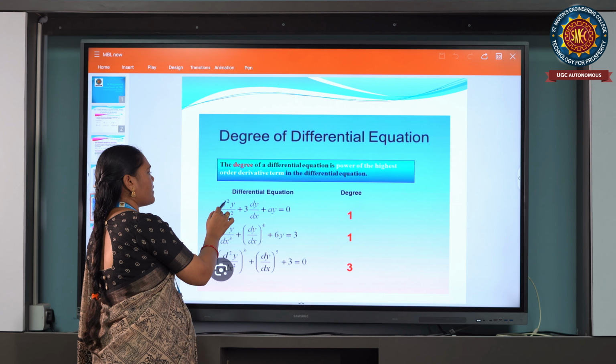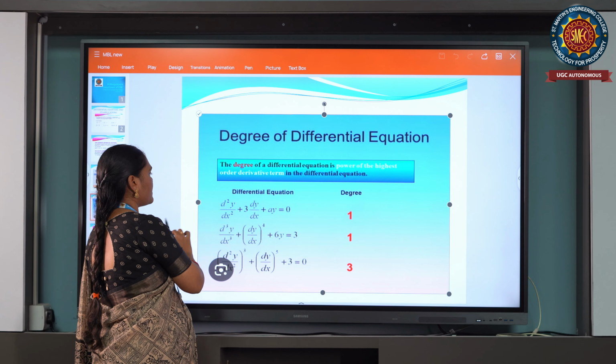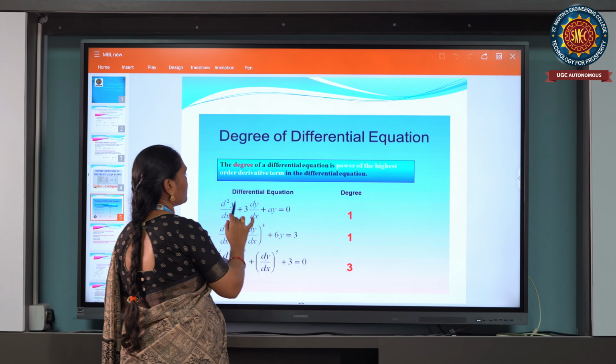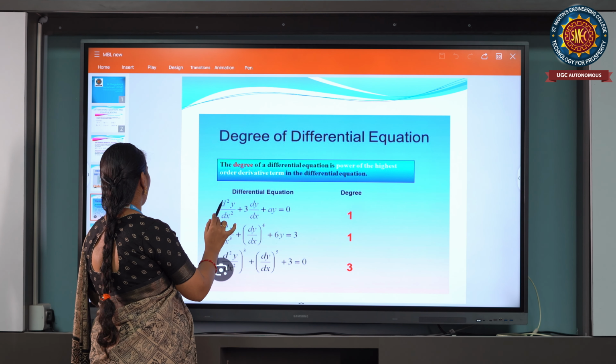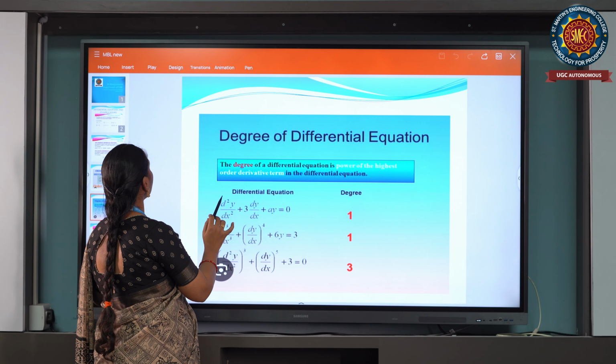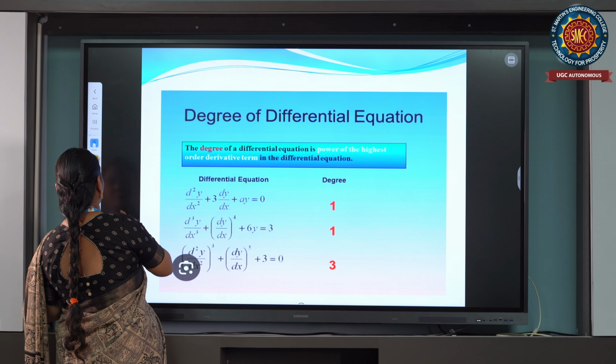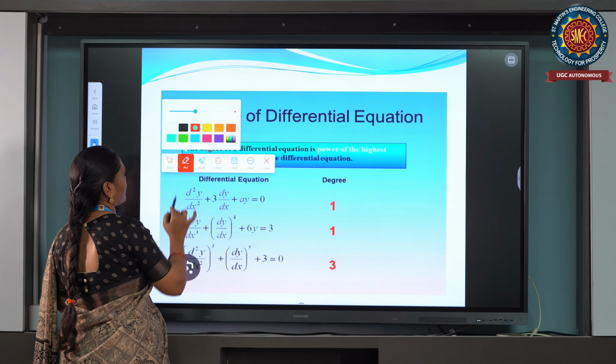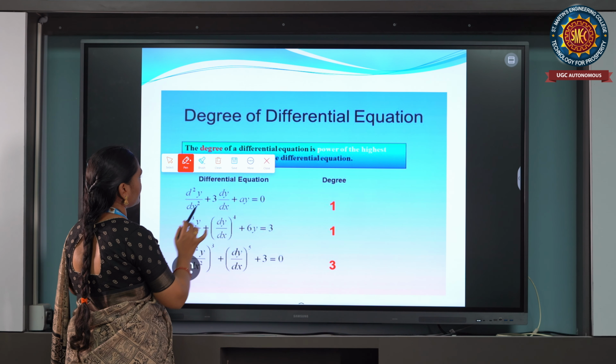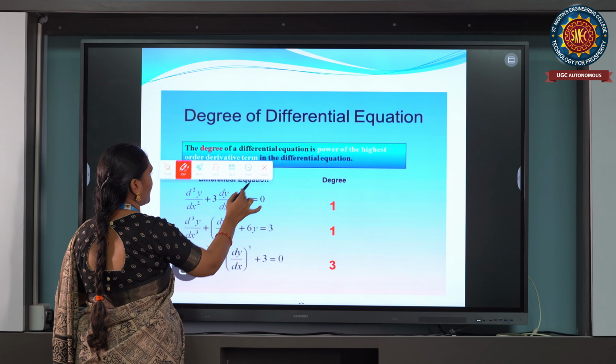Here observe, the highest derivative is called the order, and the power of the highest derivative is called the degree. Order is always most important. First of all, the order is 2, the highest power is 1, so the degree is 1.